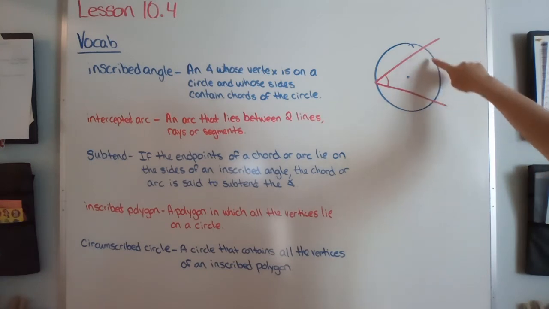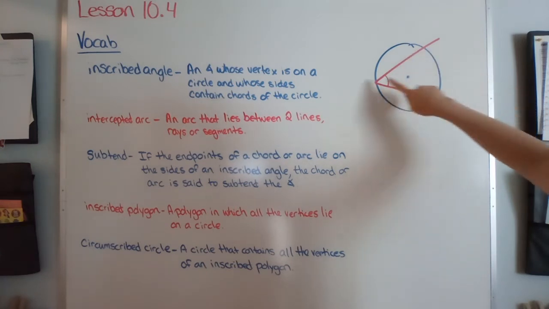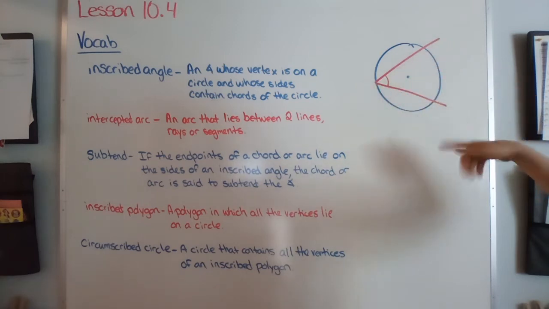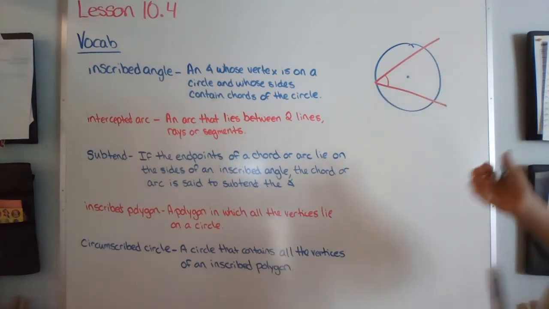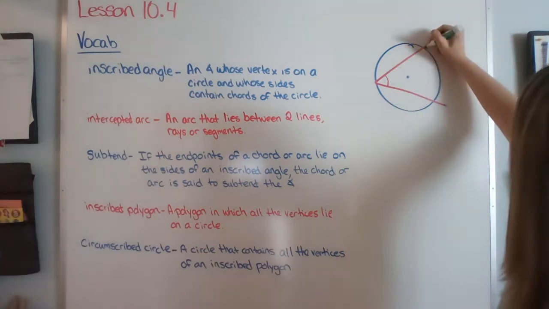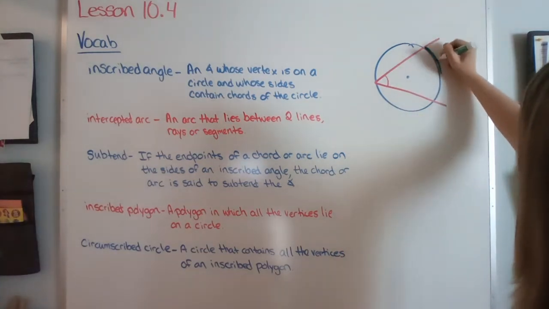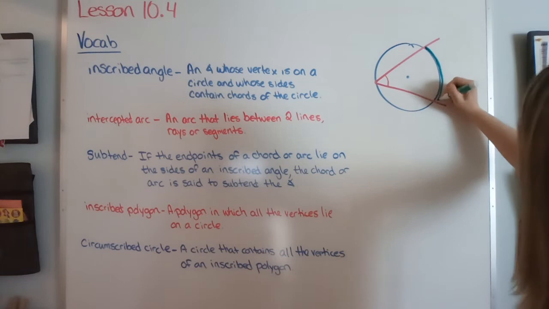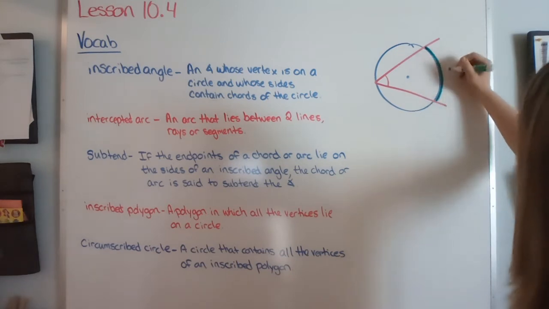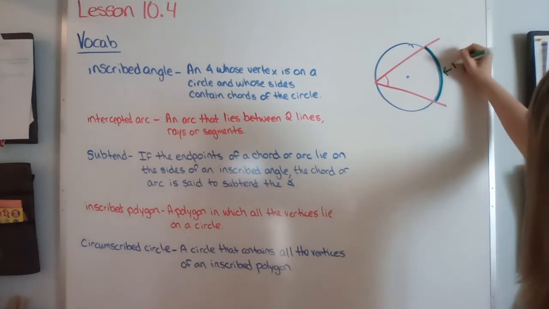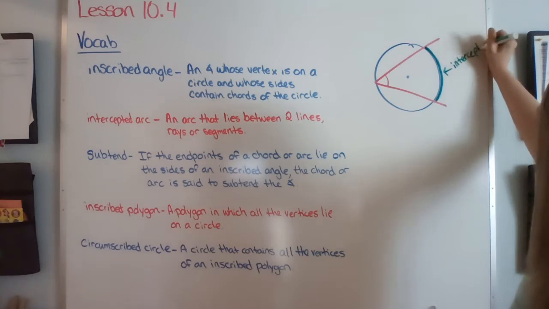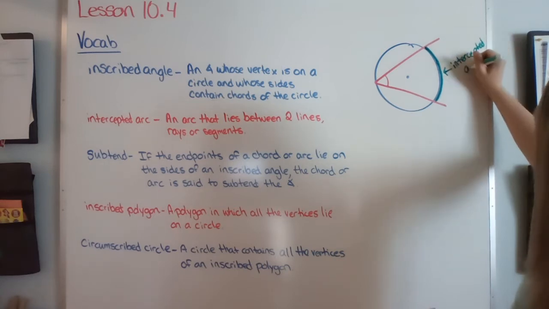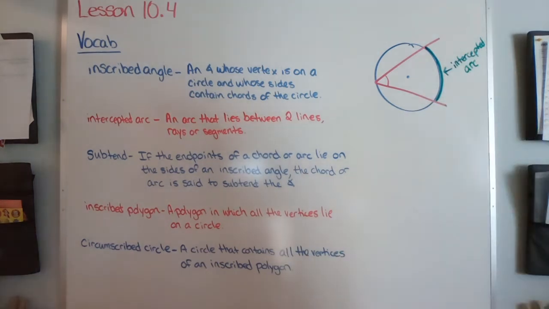That arc is contained between two lines, rays or segments. So this arc right here, that would be your intercepted arc.